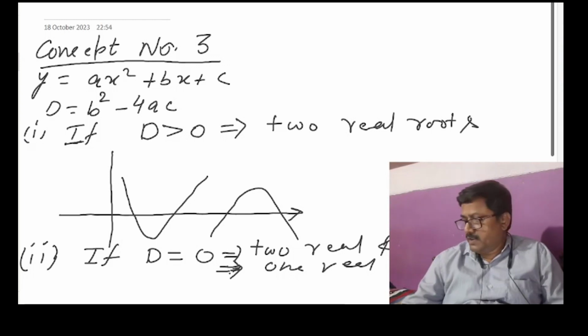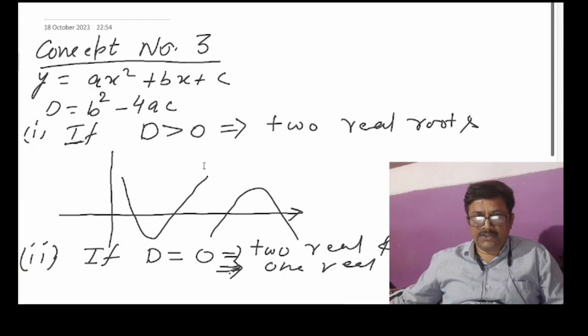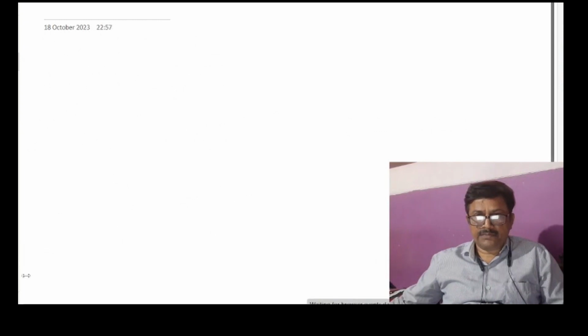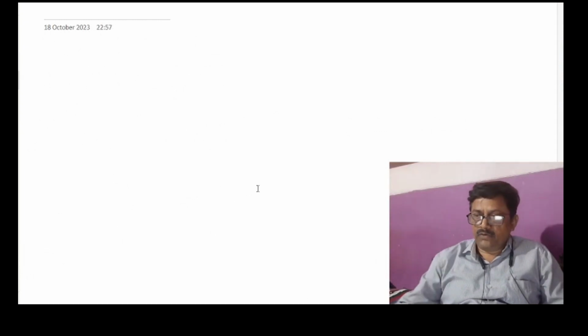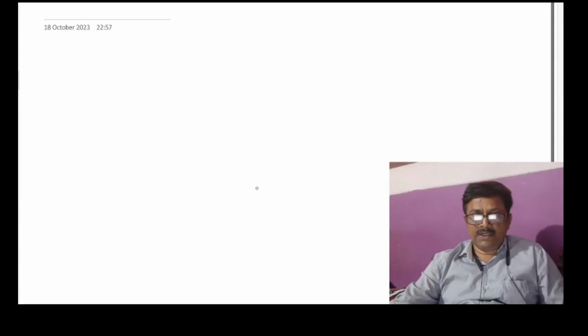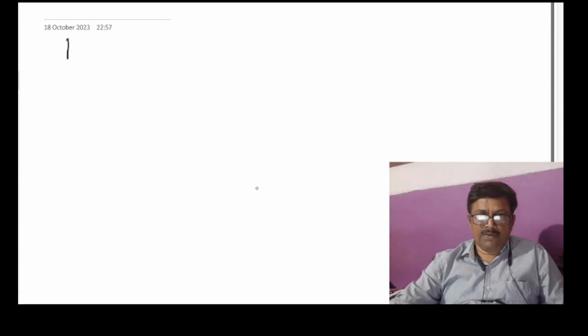Okay, so I am again taking a new page. As we know, the discriminant is 0, so there will be only one value of x for which y will be 0. Now I will plot the graph.